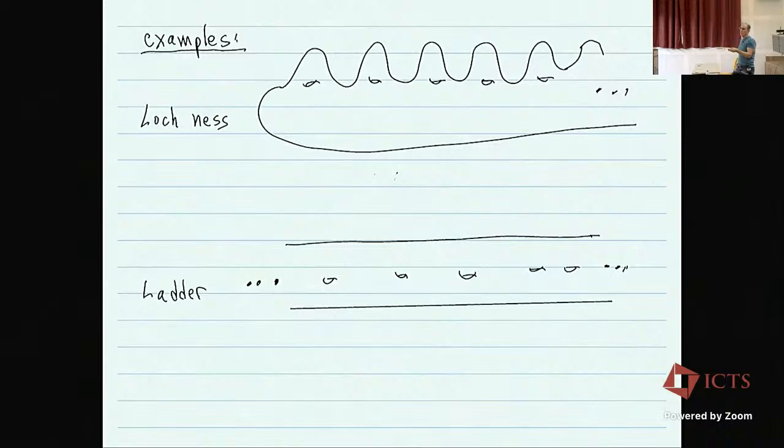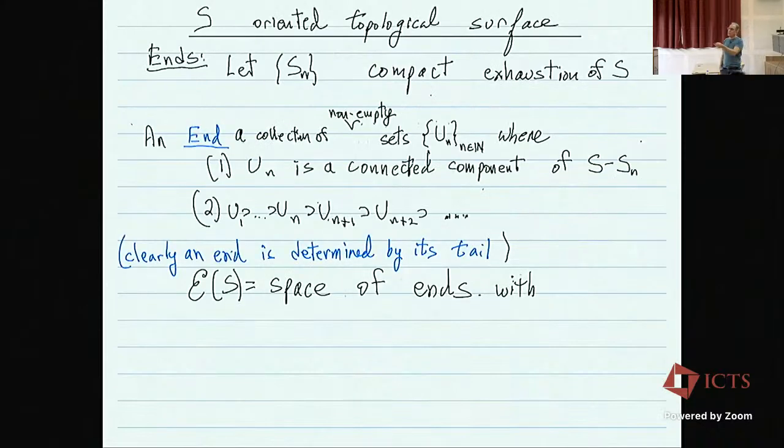If you want to make that precise, here's one way. We're starting with some oriented topological surface S, of infinite type. Take a compact exhaustion of the surface, call that Sn. An end is going to be a collection of open sets where you take the compact Sn and take the complement of it in S. Now, the complement may have lots and lots of connected components.